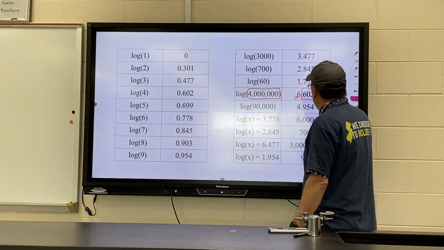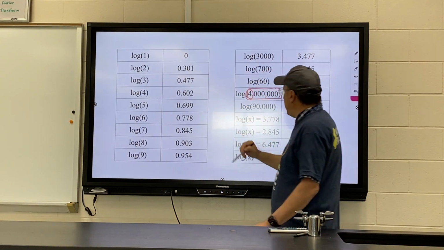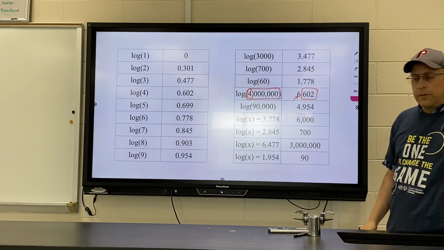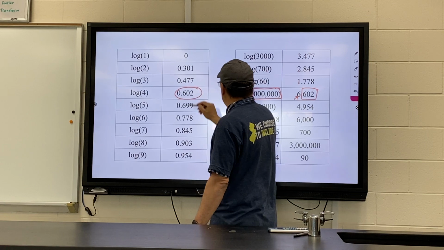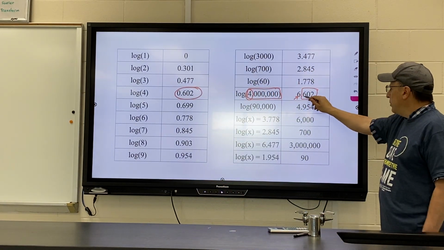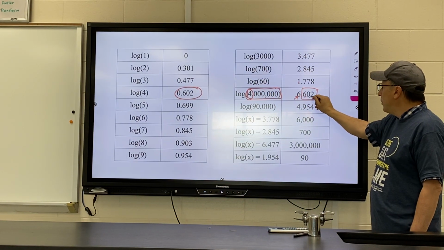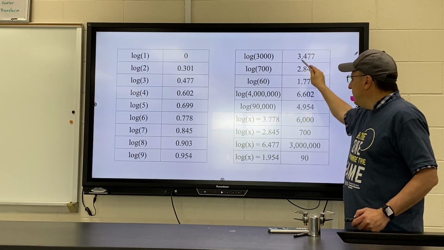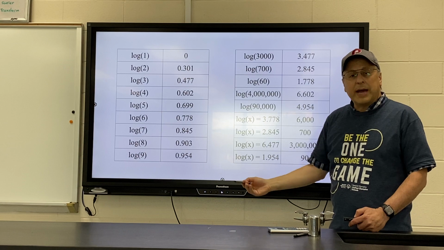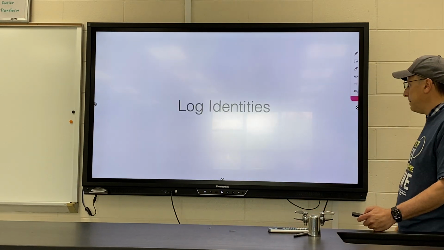The number following the decimal is based on the actual number that we have. So for 4 million, we get a decimal part of 602. All right? So the 0.602 tells us it's a 4. The 6 in front tells us that we're in the millions. You should be able to work in either direction, and we practiced that skill last time.